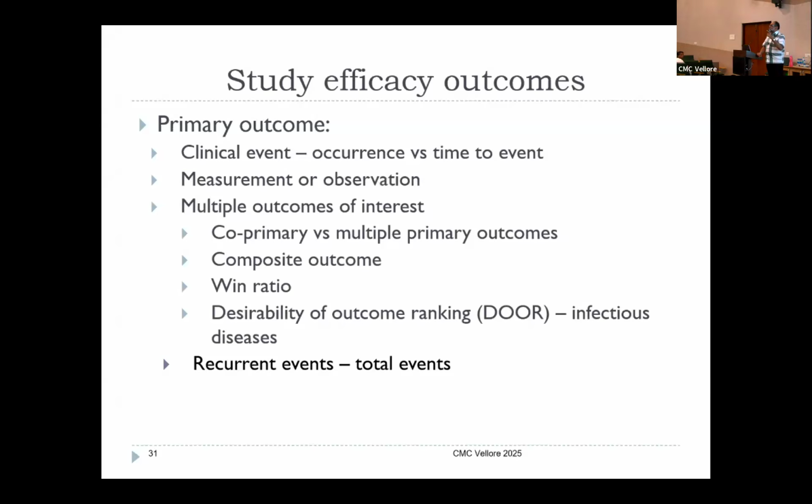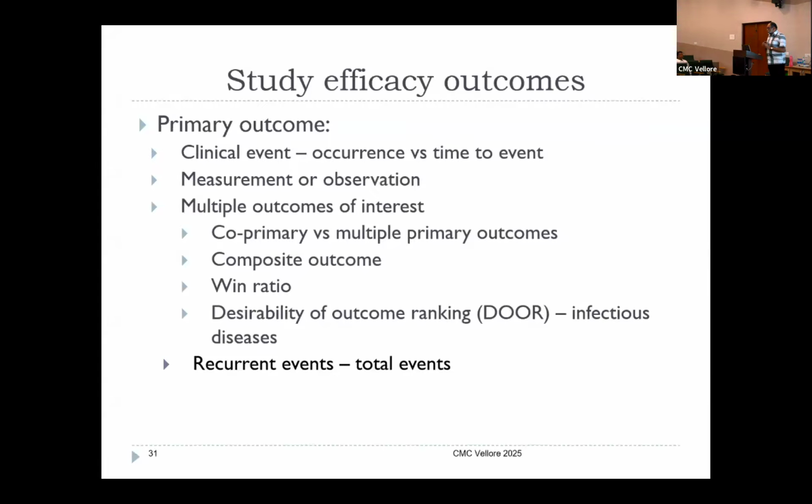And, what, should I count the 2 heart attacks or just use 1? So no, let's count as many as possible because then we have more data and more events to count. Oh no, but they're correlated within a person. How do I handle that? That becomes another issue. So we have this recurrent events issue.